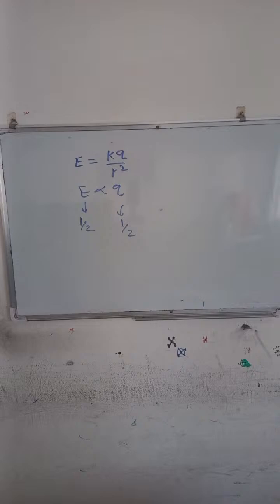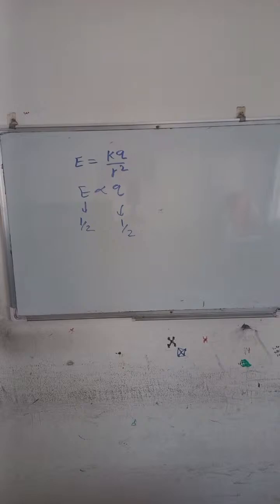at that point is: first option, 1600 Newton per coulomb; B, 150 Newton per coulomb; C, 16 Newton per coulomb; and D, 1.5 Newton per coulomb.